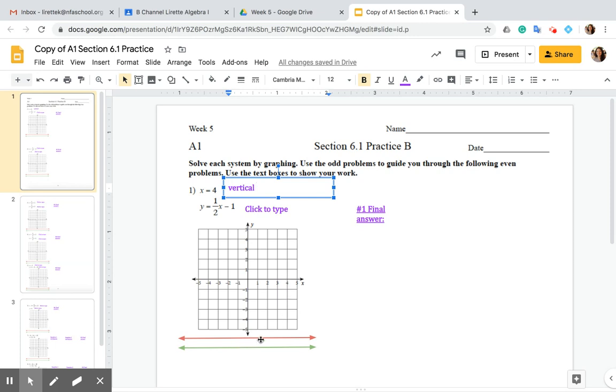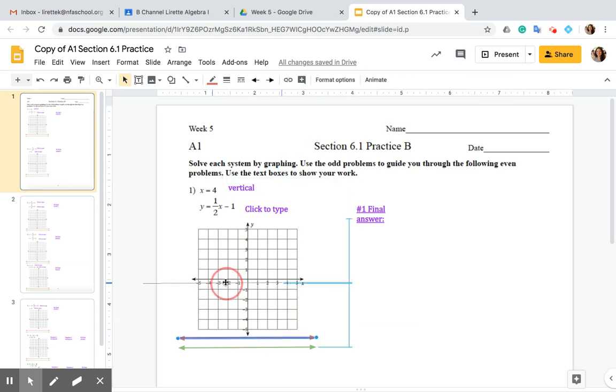So I'm going to take my arrow, and I'm just going to put the tip of the arrow on some point here so that if I dragged the other arrow and made a vertical line, it would pass through x equals 4, okay? And I'm going to drag that all the way across my graph.